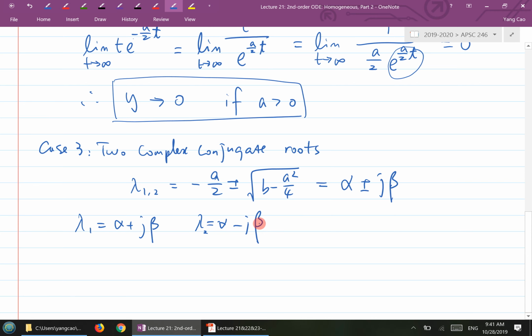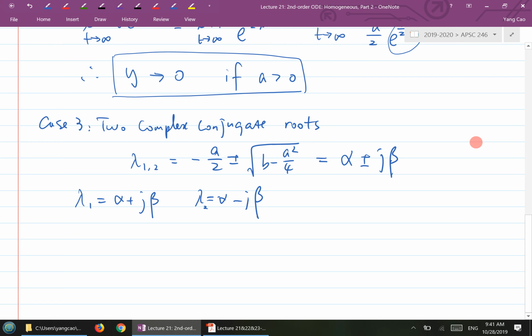Okay. So 2 complex numbers. If you have 2 complex numbers, theoretically they are distinct from each other, right? So you can form your general solution as y equals c1 e to the lambda 1t plus c2 e to the lambda 2t.